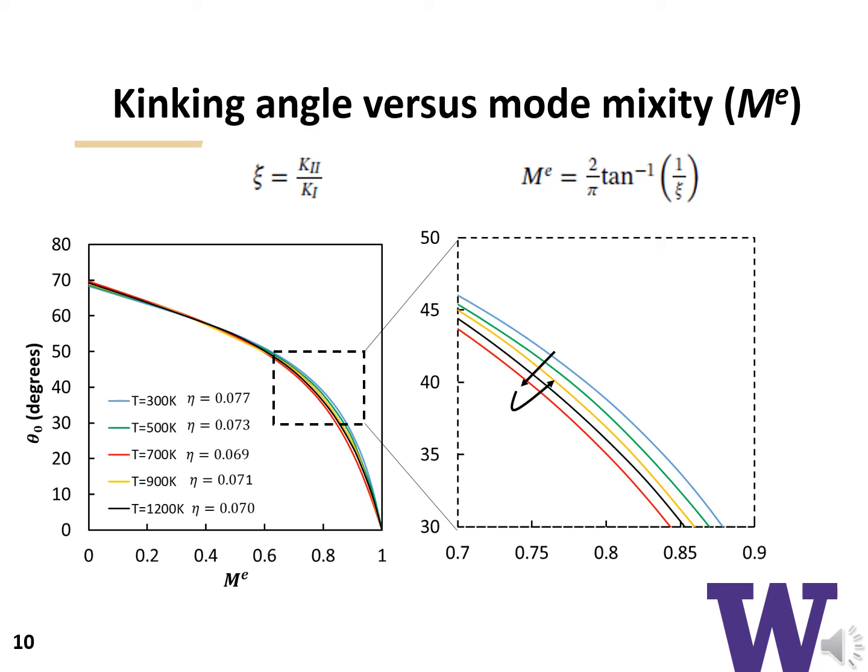The crack kinking happens not only because of the asymmetrical loading, but also because of the differences in the material properties at the interface due to the Poisson's effect. However, for the first time, the effect of temperature on the kinking angle is evaluated computationally in this work. As shown, the temperature effect is maximized under Mode 1 dominant mixed mode condition, while having no effect under pure Mode 1 and pure Mode 2 conditions.